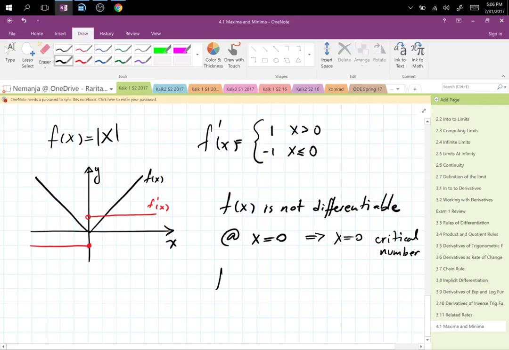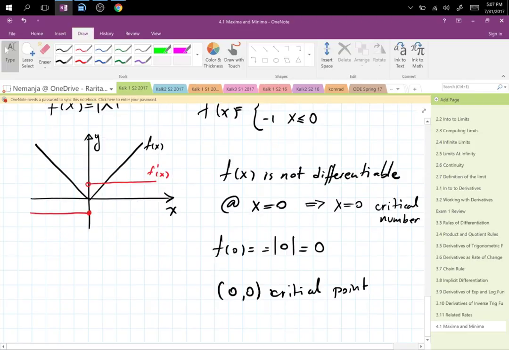And then f of 0 is going to be the absolute value of 0, which is still 0. So we have a 0, 0 critical point. And we also know it's an absolute min, because we know the graph.